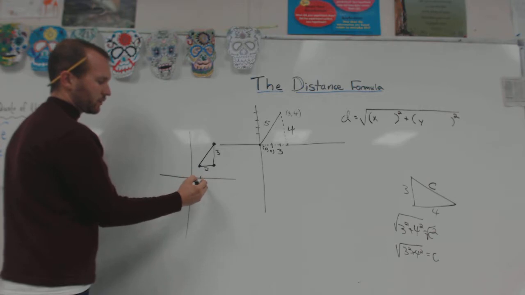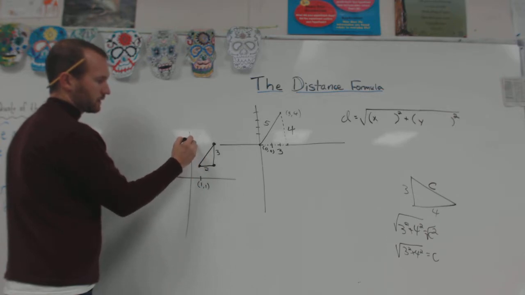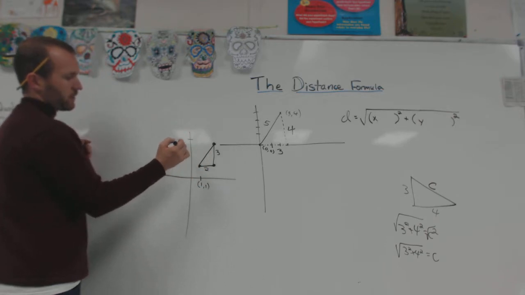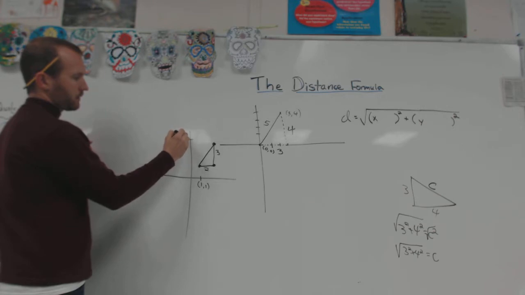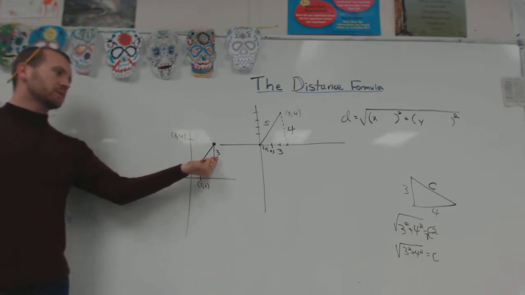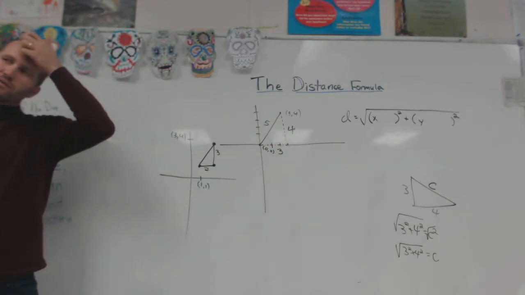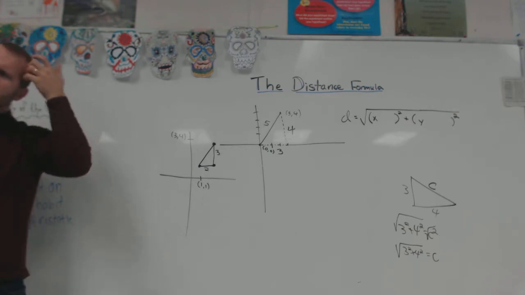I think our points were like 1, 1, and the other one must have been 3, 4. How do we figure out that this was 2 and this was 3, or that this was 3 and this was 4? Is there a generalized way that we could say that?